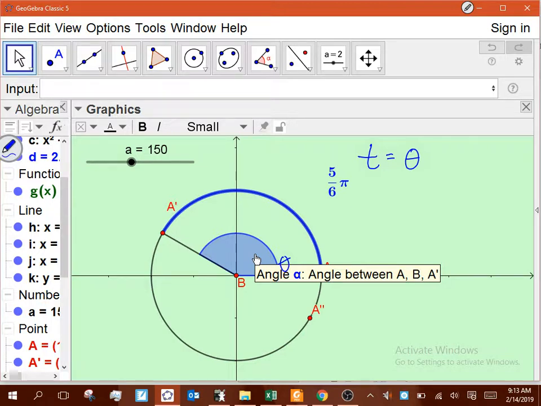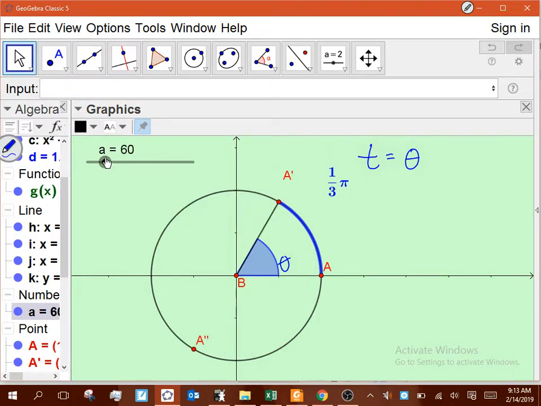Now, the ordered pair of A prime is going to be very similar to the ordered pair that A prime is right there.